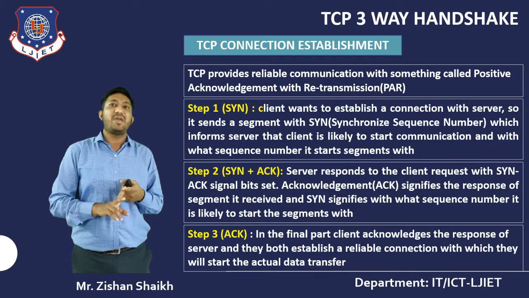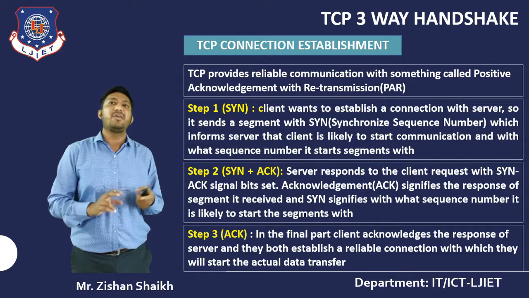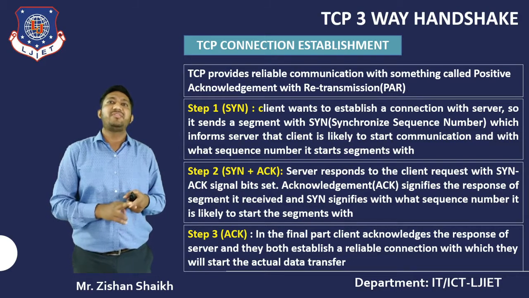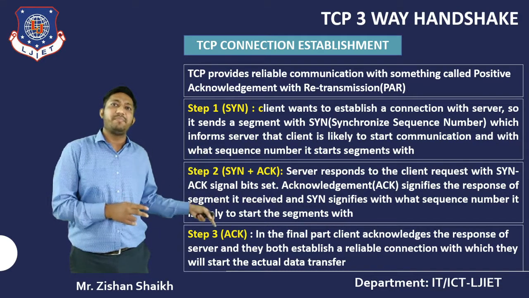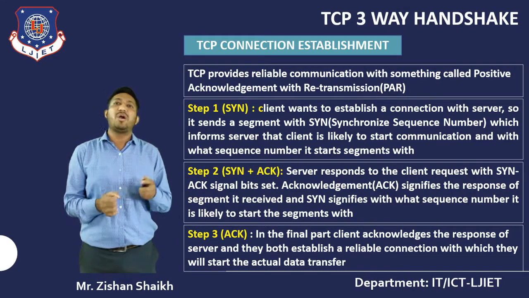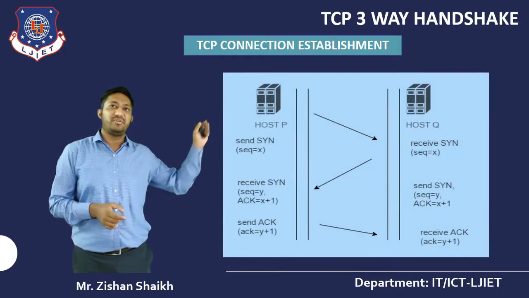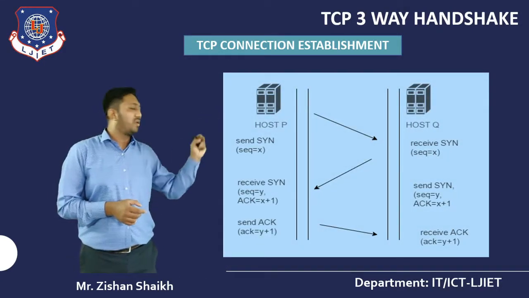If acknowledgement is not received by either of them, then we cannot say that reliable communication is going on. But in the three-way handshake, up to step number 3, both the client and server are ready to communicate with each other.